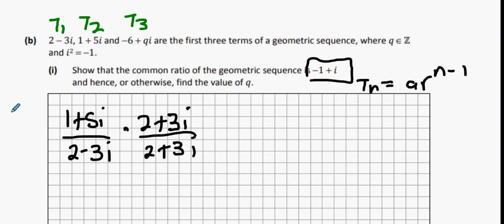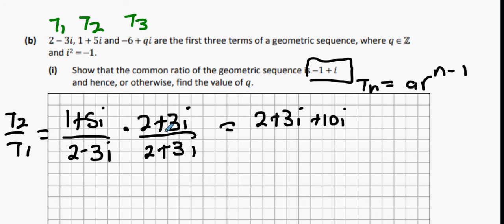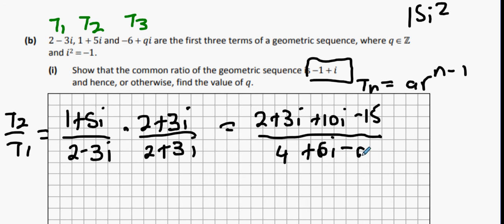Okay, so we're doing T2 over T1 equals that, and now we're going to multiply it out. What are we going to get? We're going to get 2, we're going to get 3i, we're going to get 10i, and we're going to get 15i squared, and 15i squared is minus 15. And then on the bottom, it's the difference of two squares, so it's going to be 4, plus 6i minus 6i, they always cancel.